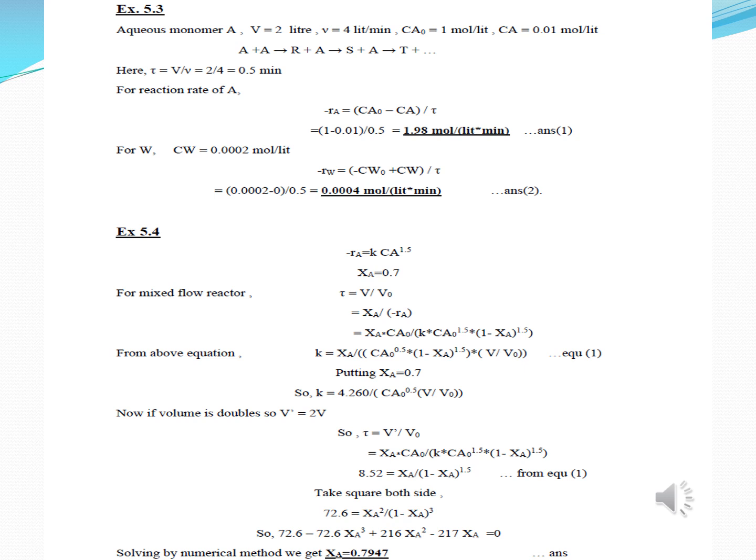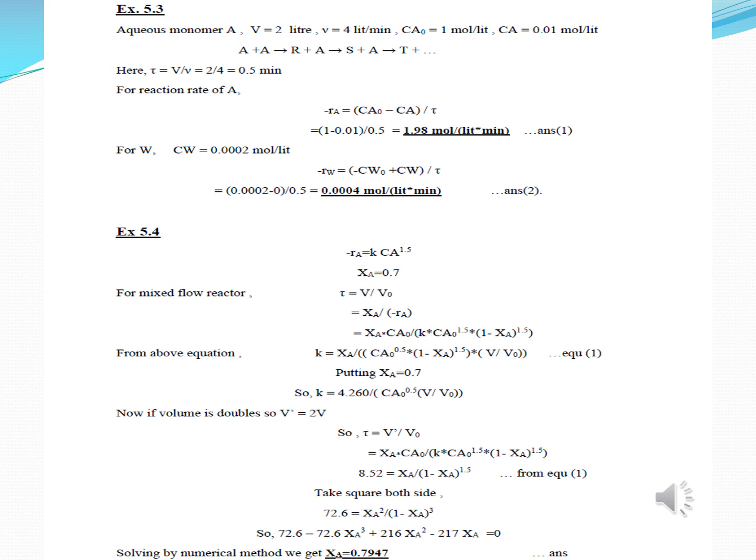So we put these values in. This is the product, so if you put a minus sign on the left side, minus Rw, here you can write minus Cw naught plus Cw divided by space time tau. Putting these values, we get the answer 0.0004 moles per liter per minute.